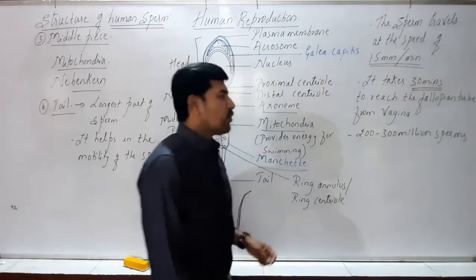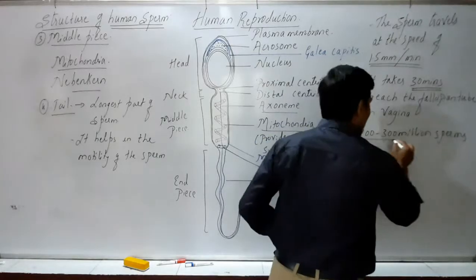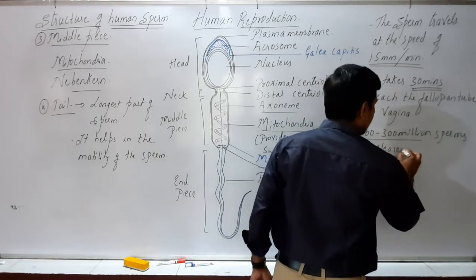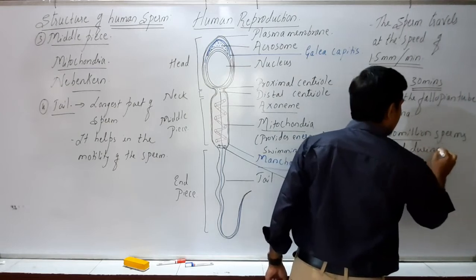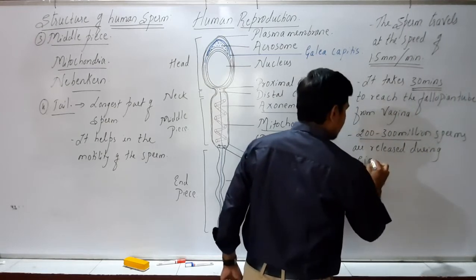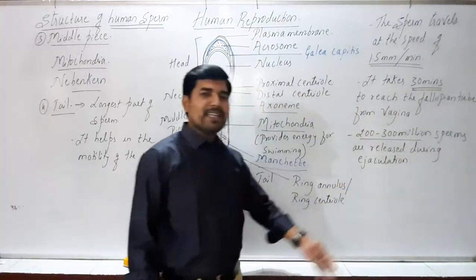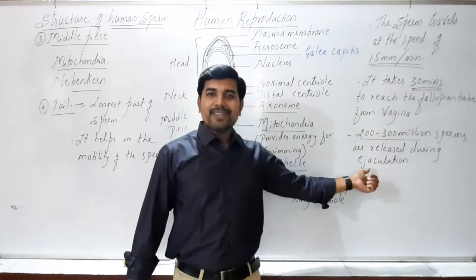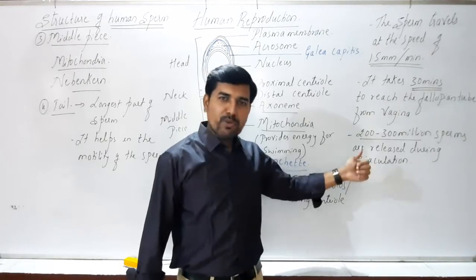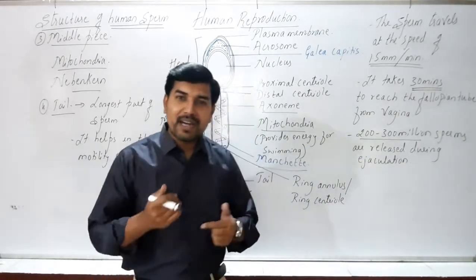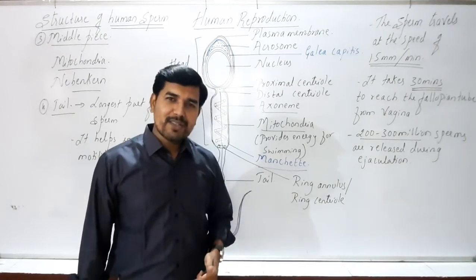Ejaculation is nothing but the release of the sperm from the male genitalia into the female reproductive system. So 200 to 300 million sperms are released into the female reproductive system.